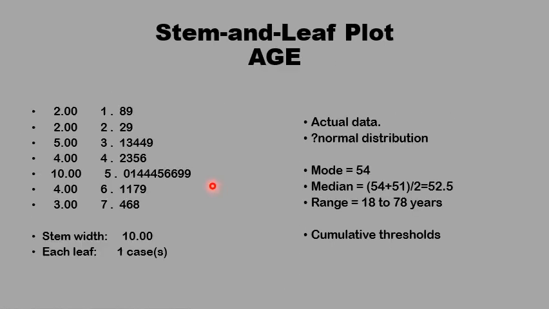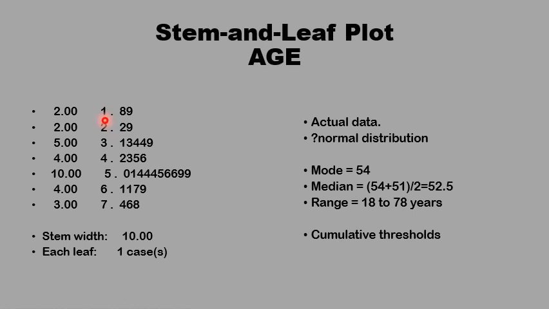And this is another set of data representing the age of 30 different individuals. Again, you're just going to organize this because the minimum age is 18 and the maximum age is 78. So you put on the stem like each part of the stem represents 10 years.